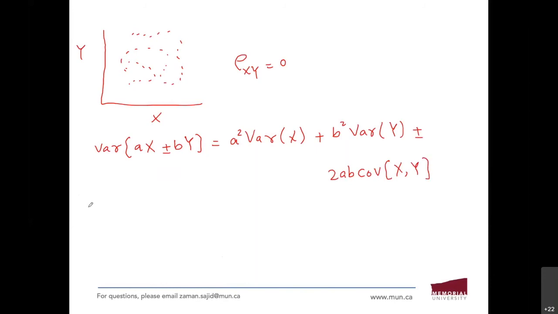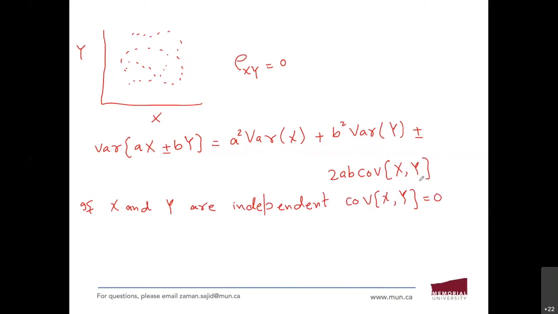Now, if your x and y are independent, we just learned that the covariance of x and y should be equal to 0.